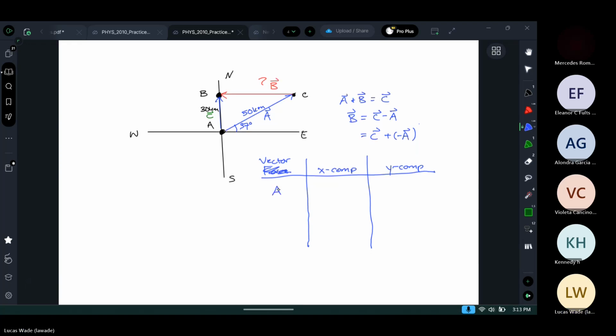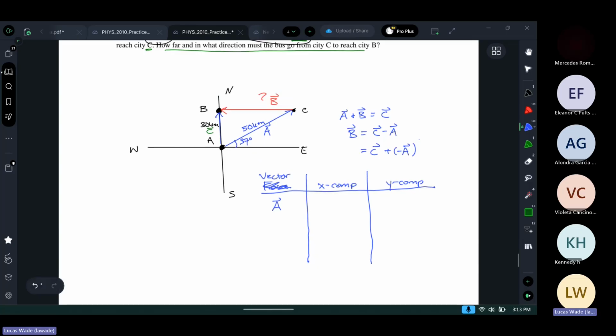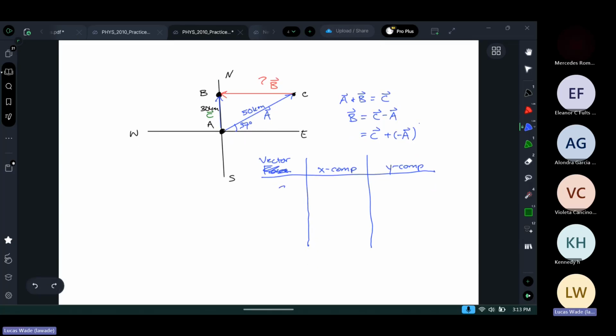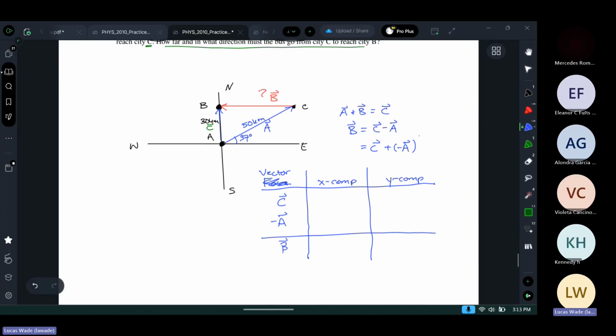So here I want to work with C and negative A in order to get B. But other than that, it is the same as any other vector addition problem. So components of C would be I don't move left or right. I do move 30 kilometers north.